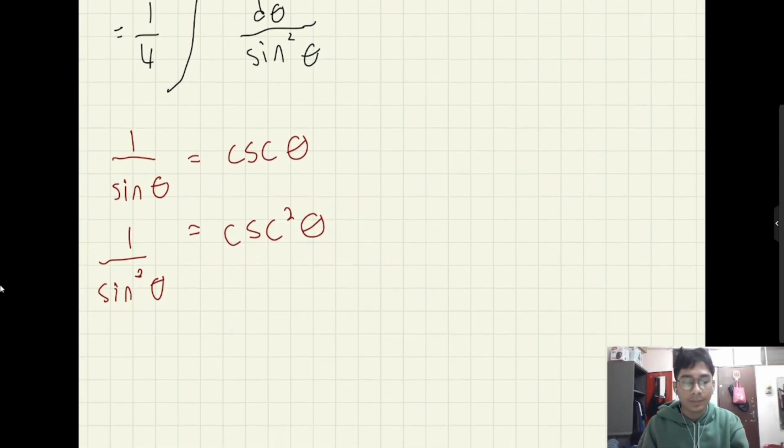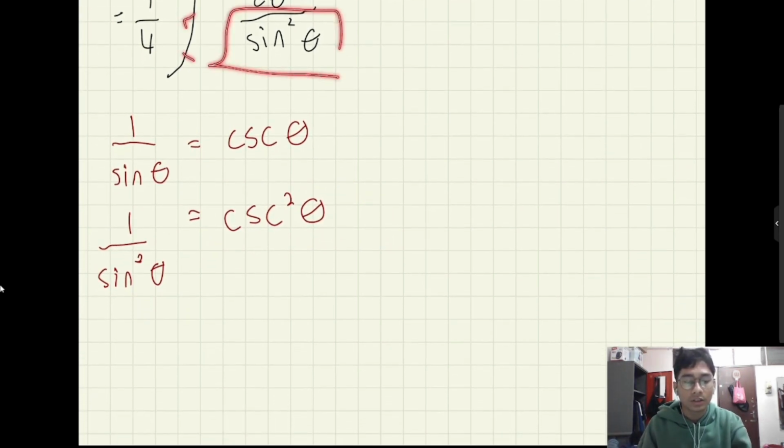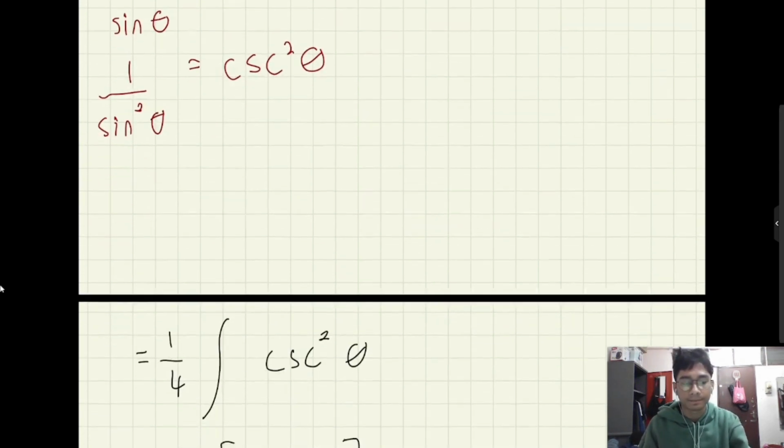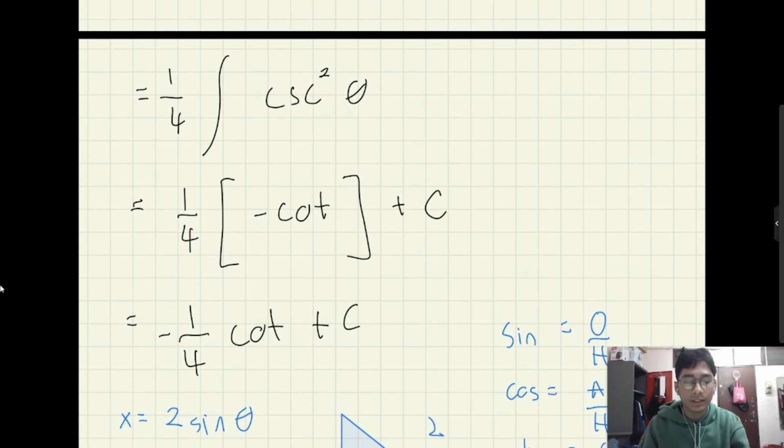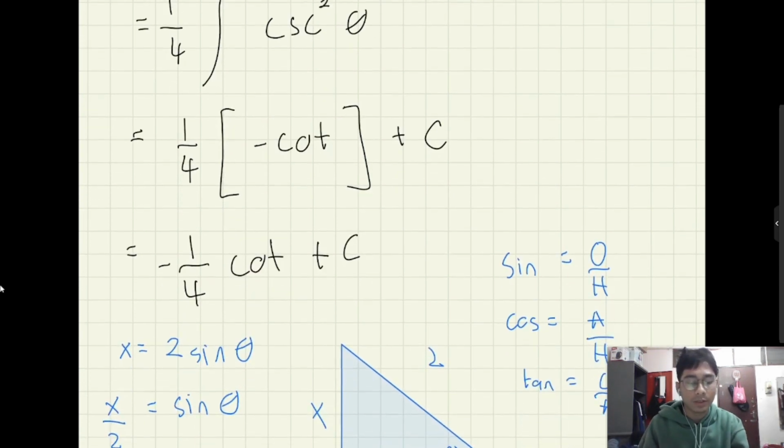So I replace 1 over sin square theta with cosec square theta. Then we will get this, and then we just integrate it. Cosec square theta integrated, we get negative cot plus c, and then we still have 1 over 4. We must multiply it with the negative cot, and then we get negative 1 over 4 cot plus c.